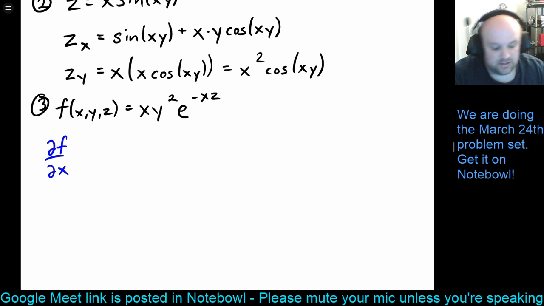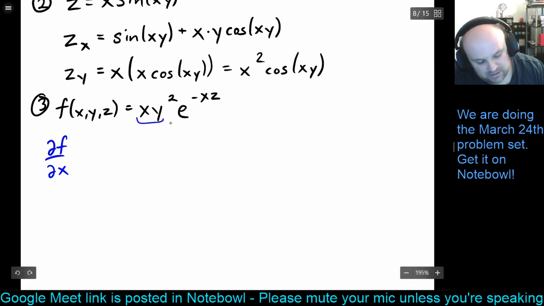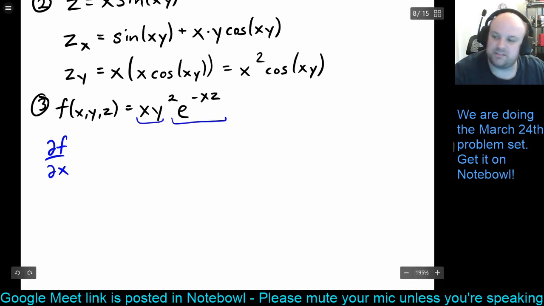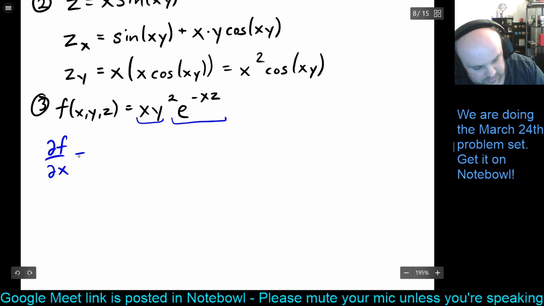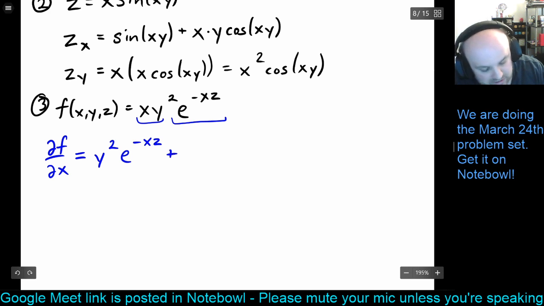we're pretending both y and z are constants. So here, I'm going to group this into 2 pieces again, because there's 2 pieces that have an x in them. So let's go ahead and do this derivative. The derivative of the first is y squared e to the minus xz, plus we leave the first one alone times the derivative of the second.